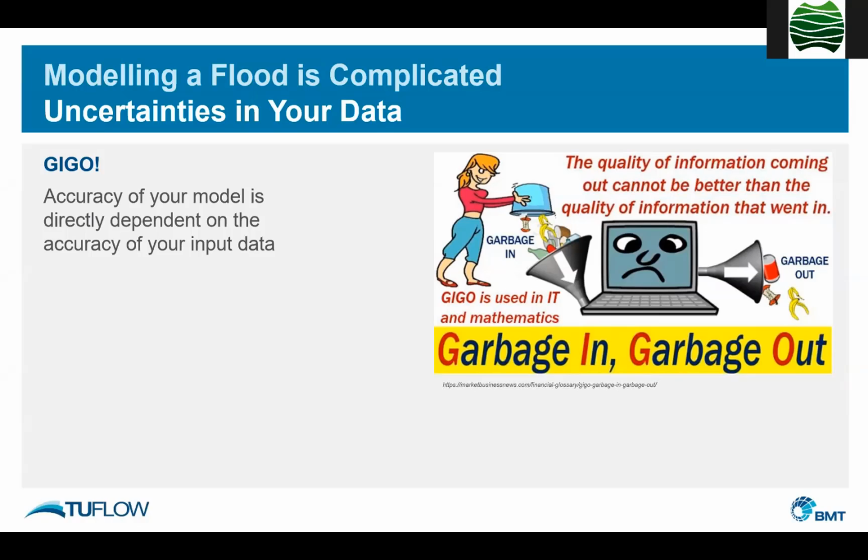So you do have to appreciate that if the objective of your modeling is to do a very rough first pass, where do the floodwaters potentially go? Of course, you can have less accurate data. But if you're providing advice to councils or to government on planning processes and so forth, well, then it's really important that you're dealing with a much more accurate data set. So the accuracy of that data will affect the accuracy of your modeling.